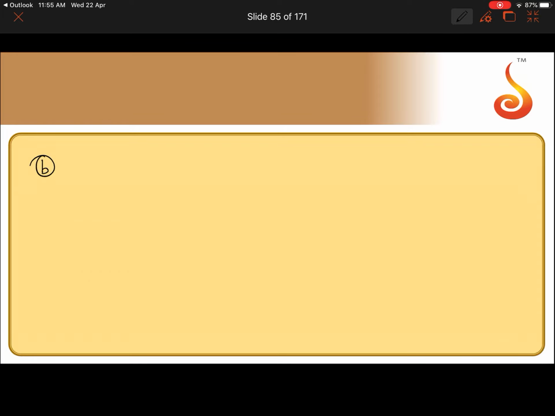B, impulse is equal to change in momentum. So this will be 2mu.